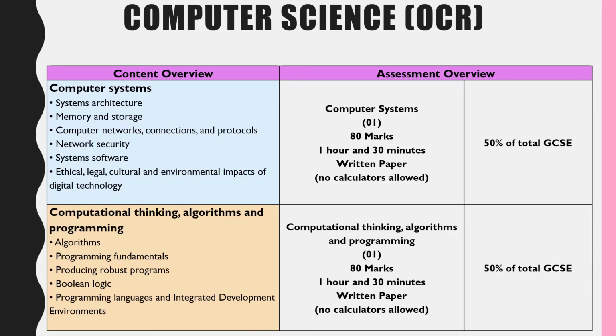Okay, so on this slide you'll see the breakdown of the computer science OCR GCSE, and it's split up into two papers. We have our computer systems paper, which is paper 1, and that covers system architecture, so some of the hardware and software within our computer system and the function of the CPU. We look at memory and storage, how to create computer networks and some of the protocols that we use within that.